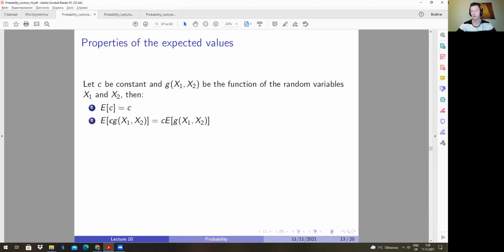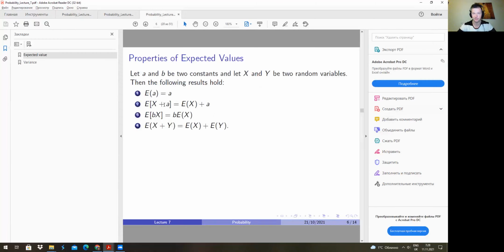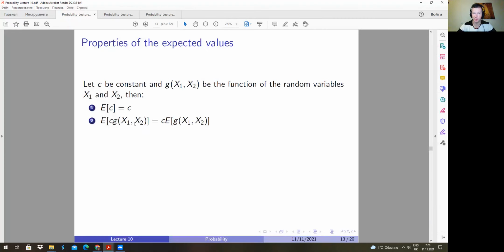Then the expectation of a constant multiplied by a function of two random variables. It's number 3. And look, this x is just a particular case of this g of x1, x2. Because, as I said, one random variable is a function of two random variables, a special case of this function g of x1, x2 equals x1.